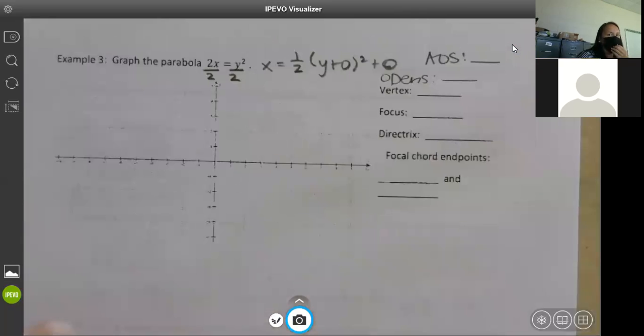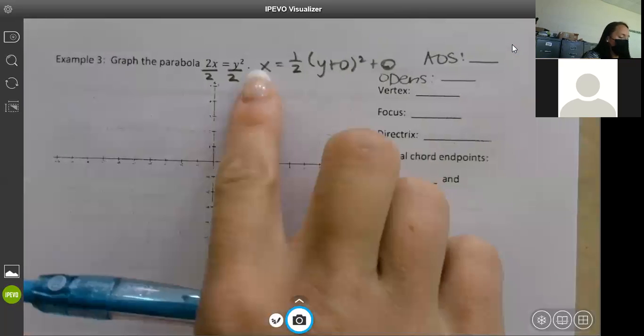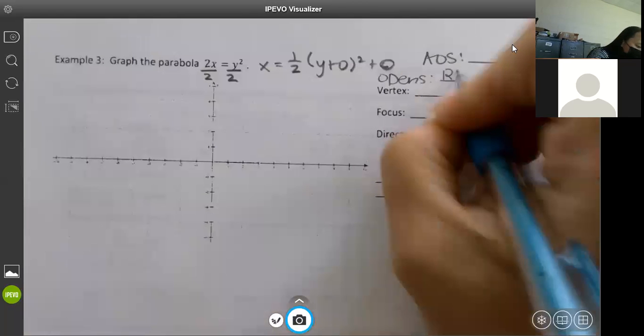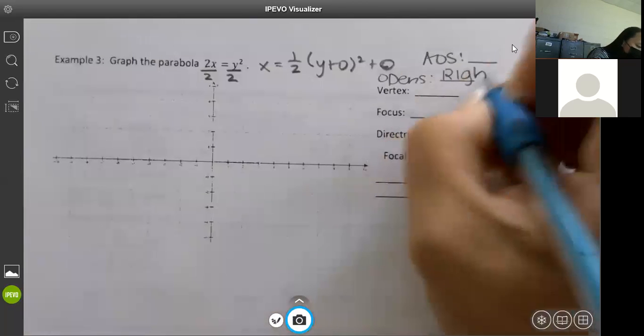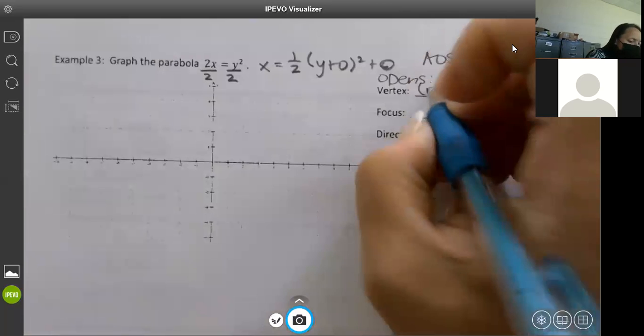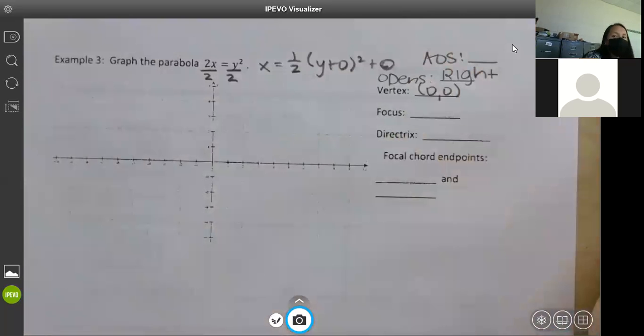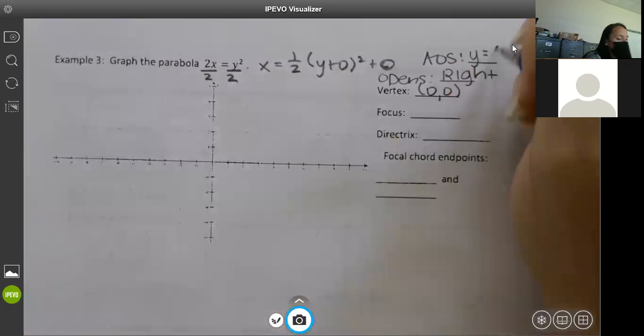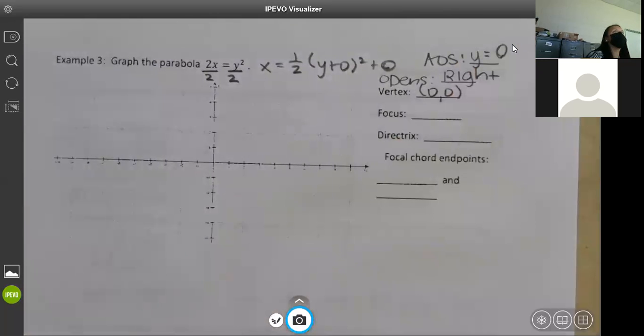Opens and axis of symmetry. X is left, right. It's a positive 1/2, so it opens to the right. And your vertex is at 0, 0. Since your equation is x equals, your axis of symmetry is y equals, and whatever your y coordinate is.